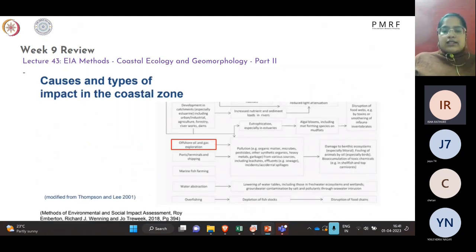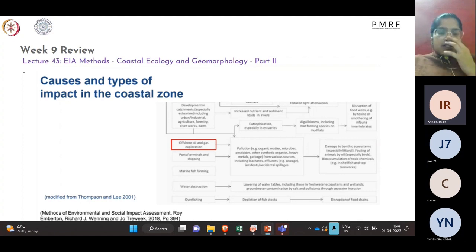And then you have certain other things like offshore oil and gas exploration, which can cause pollution, increase in the chances of oil spills, which are major accidents, and which are very hard to clean up after they have happened. As we looked up in the first few lectures where we talked about the different oil spill accidents which have happened. So that is one direct effect.